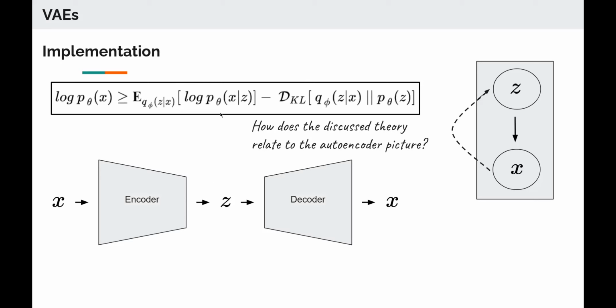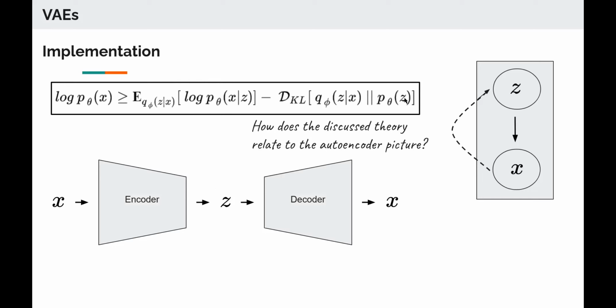If you look, we have three distributions in this quantity. One is p theta z given x. Another one is p theta x given z, q phi z given x, and p theta z. So basically there are three distributions.